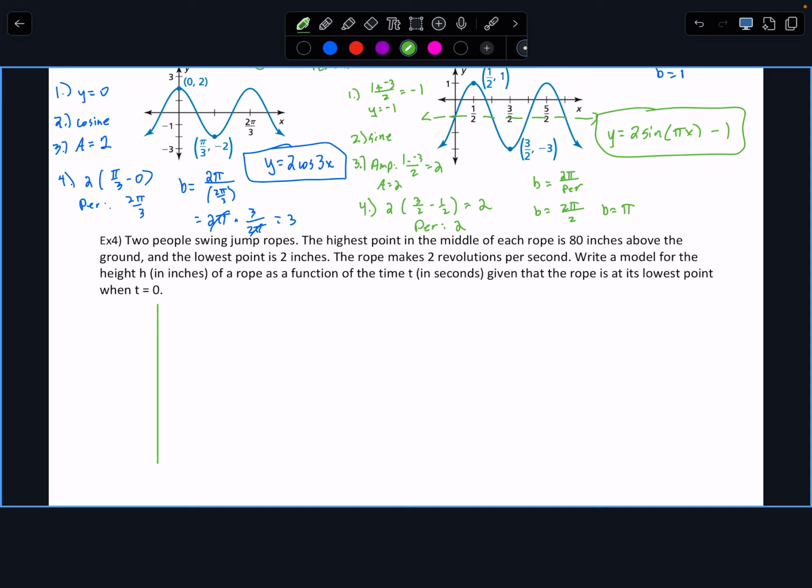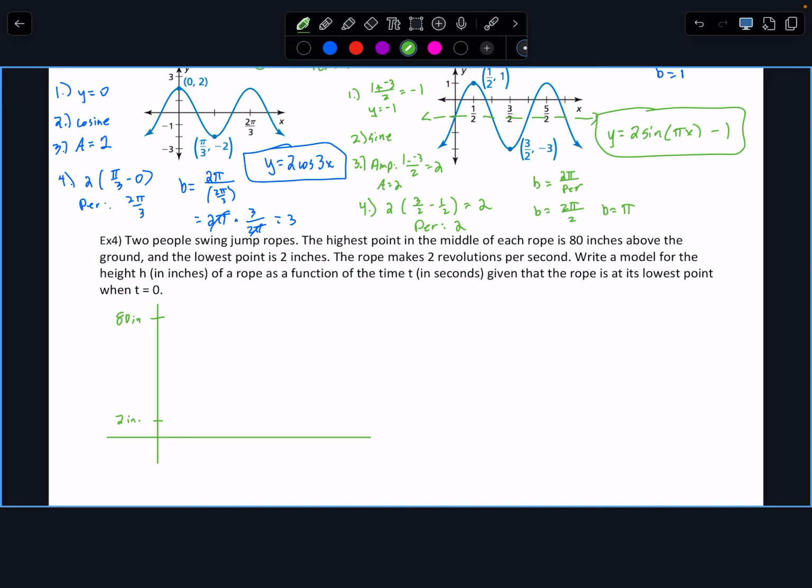So I have my x and my y axes. And the lowest point at time 0 is at your 2 inches. And then at some point, it hits a height of 80 inches. And this is going to be a sinusoid. It's going to be a curve like sine or cosine.